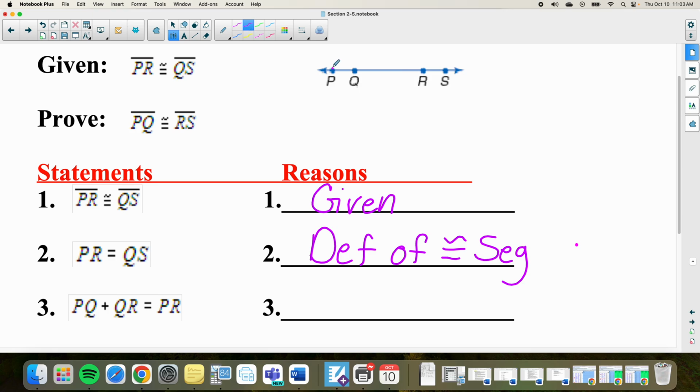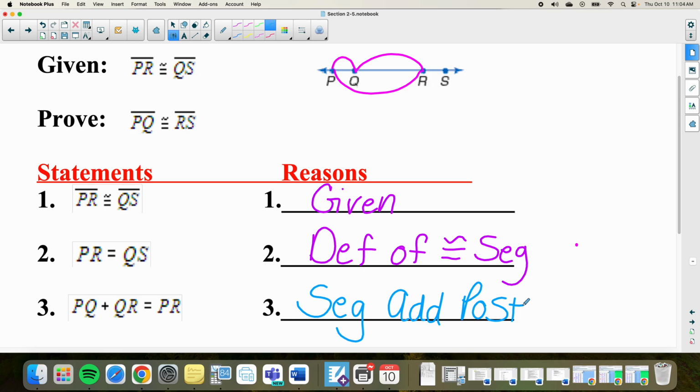And that's what they did. They said PQ plus QR equals PR. And what is that called? When you take a segment and break it into parts? Christian? That'd be the segment addition postulate. Very good. Segment addition postulate.